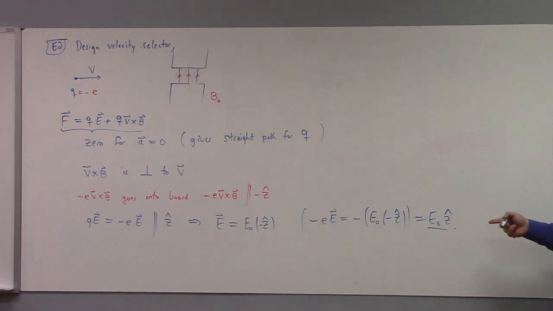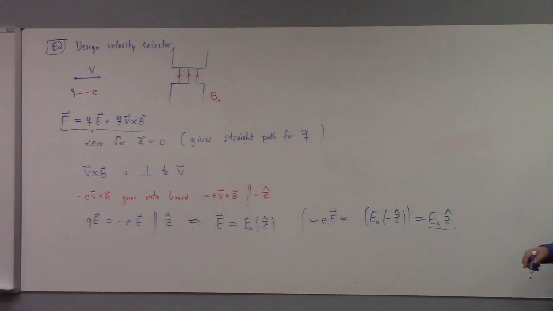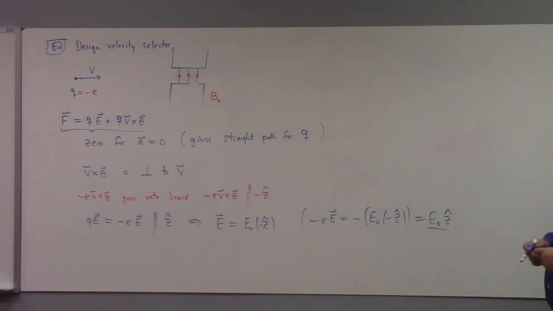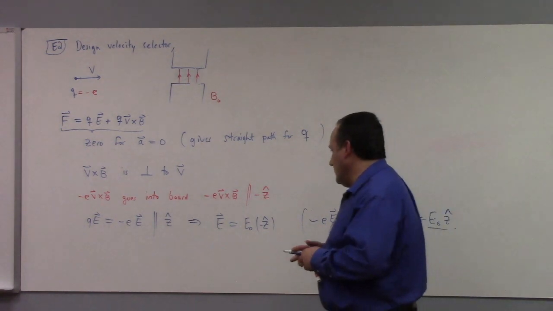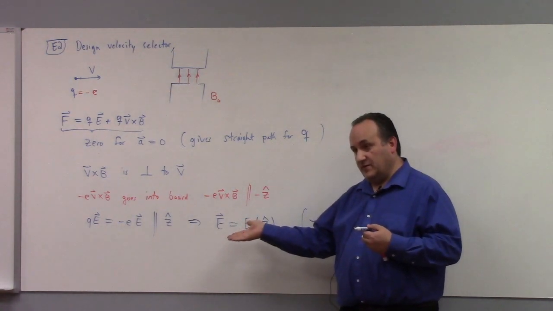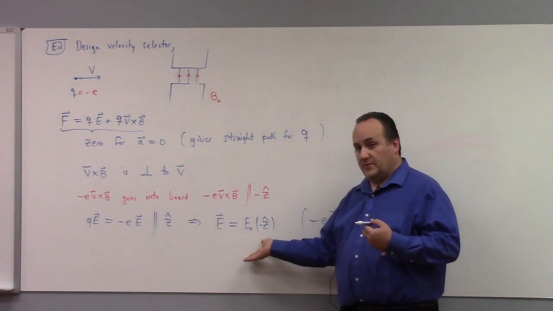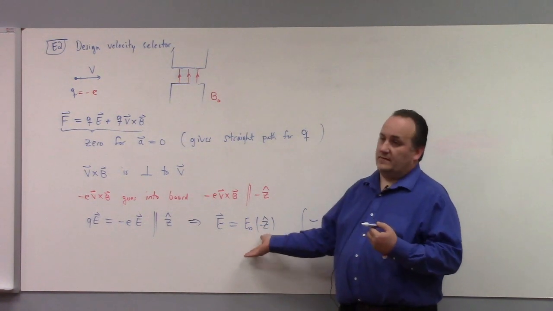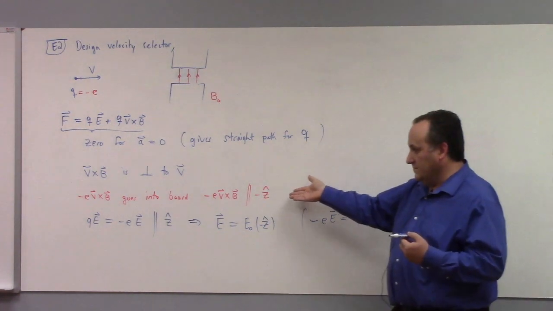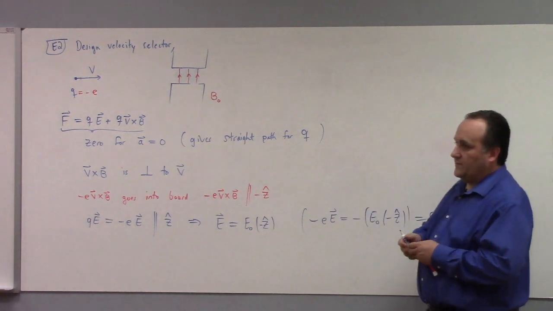Now that's parallel to Z hat, assuming that the electric field's positive. So I would like my electric field to go into the board. Because since we're looking at the force on a negative charge, making the electric field go into the board makes the electric force go out of the board, right? And then that opposes my magnetic force.